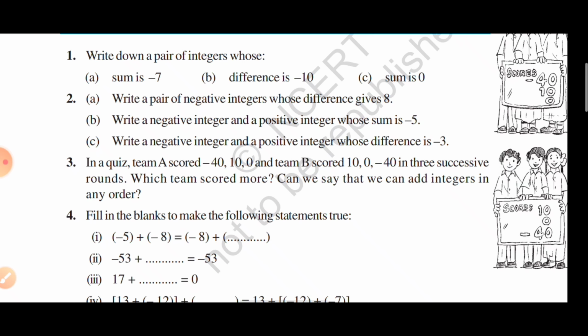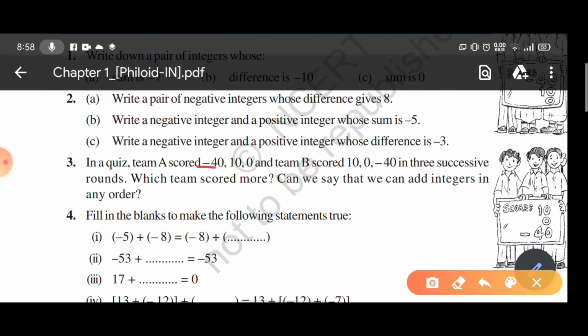In a quiz, team A scored -40, 10, 0. Team B scored this in 3 successive rounds. Which team scored more? What is required? You have to simply add these values and then find out which value is greater. For example, if I add these values, I'll get -30, and here if I add these values, I'll get -30 as well.